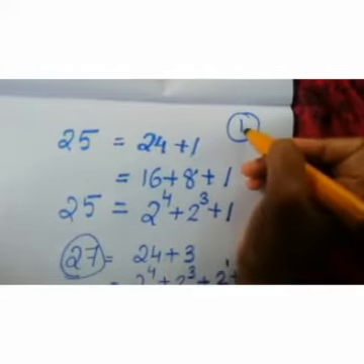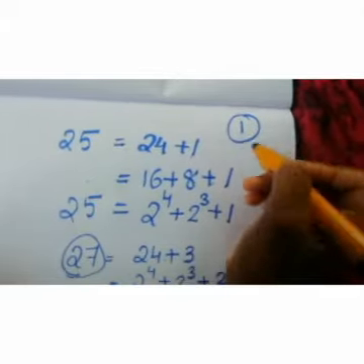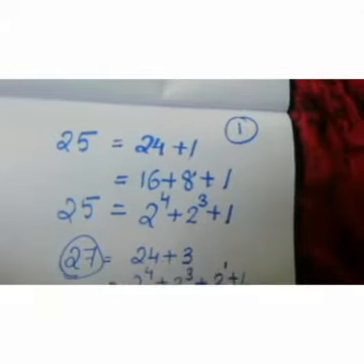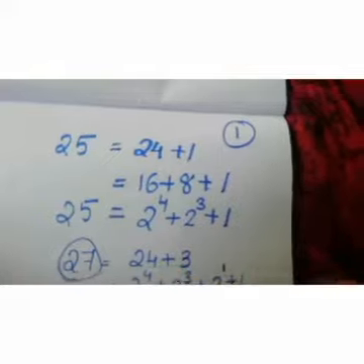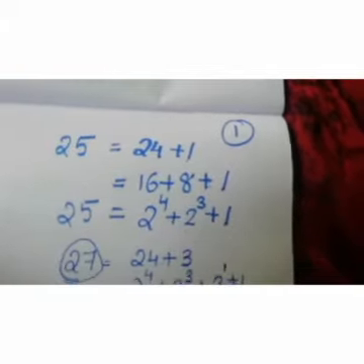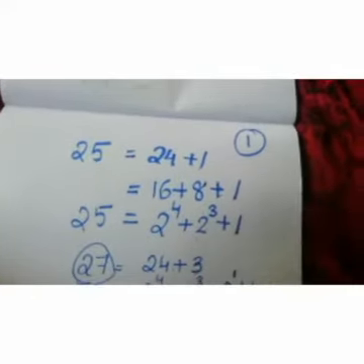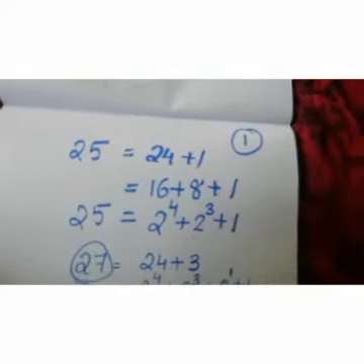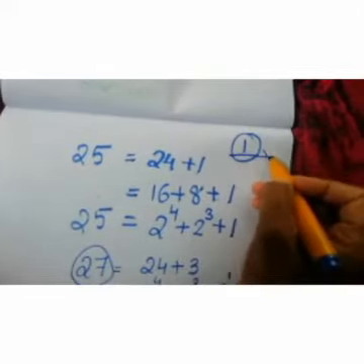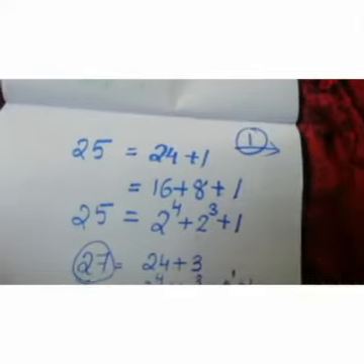Because we cannot express 1 in terms of a sum of powers of 2. Any other number other than 1 can be expressed like this. If it is an even number or odd number, whatever it is, we can express it like this. But we cannot express 1 like this. So this is the odd one out from the natural number set.